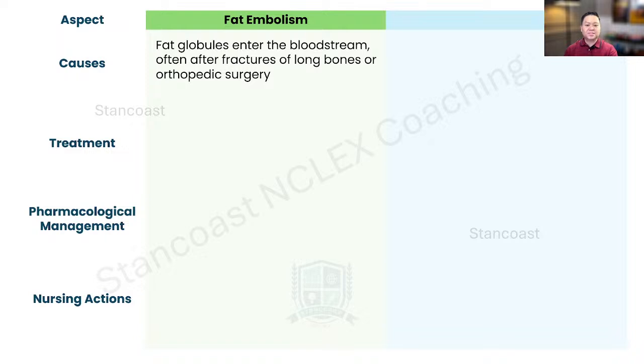Maybe there is severe soft tissue trauma that can cause the spread of the fat emboli, or it could be caused by liposuction. Okay, for those people that have this kind of procedure, liposuction, it could be burns or maybe acute pancreatitis. This can lead to the fat embolism.